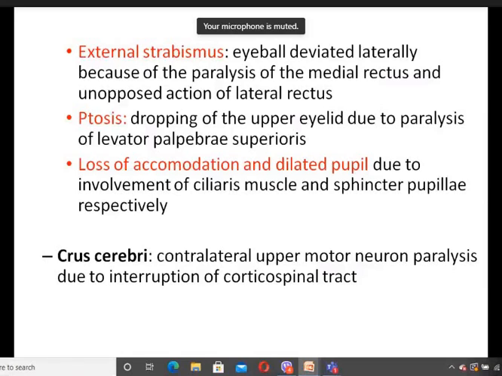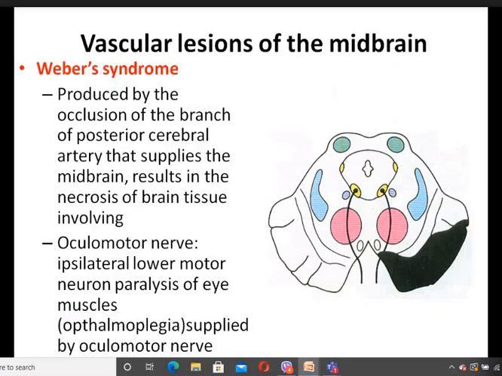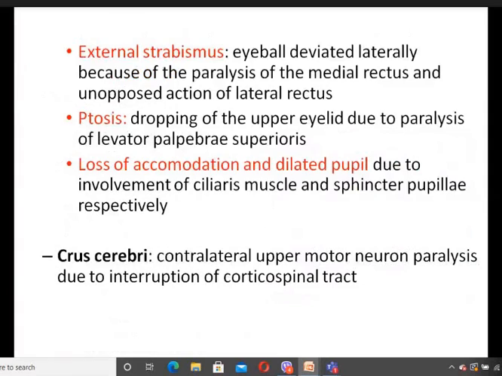So different functions of the eye will be altered in the case of Weber's syndrome, where there is a lack of arterial supply in the midbrain because of the occlusion in the posterior cerebral artery and its branches. And crossed hemiplegia, the contralateral upper motor neuron paralysis due to the interruption of the corticospinal tract.